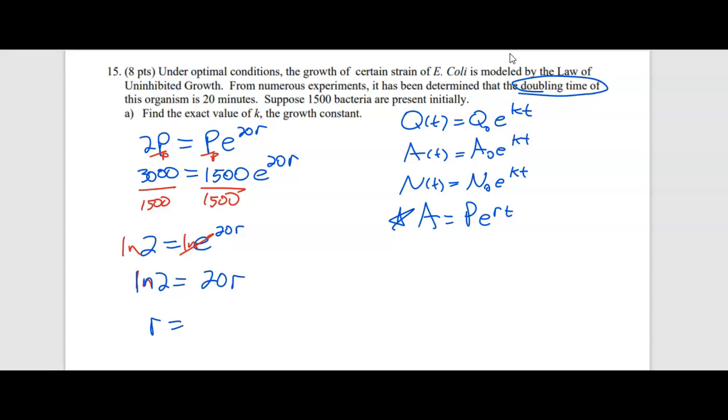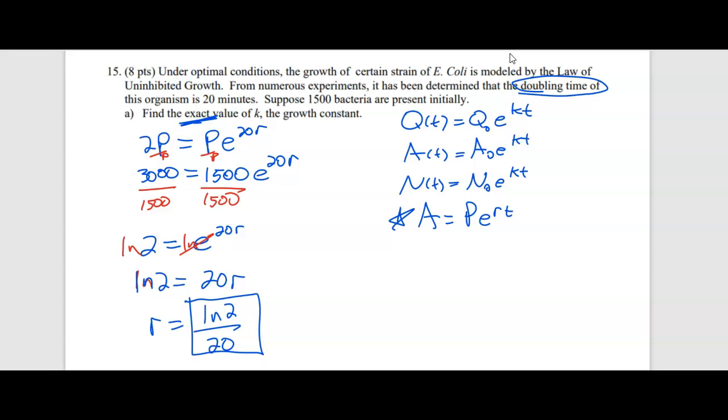So we have R equals natural log of 2 divided by 20. That's the exact value of the growth constant. Now I'm not including the R equals because they had a K, whatever.